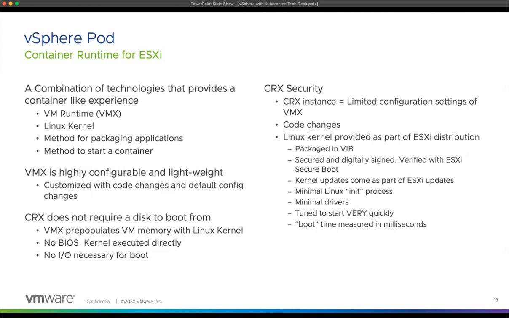We are actually running an incredibly optimized virtual machine with an incredibly optimized kernel and an init process tuned to start really fast, like milliseconds. And on top of that, it runs Linux containers.